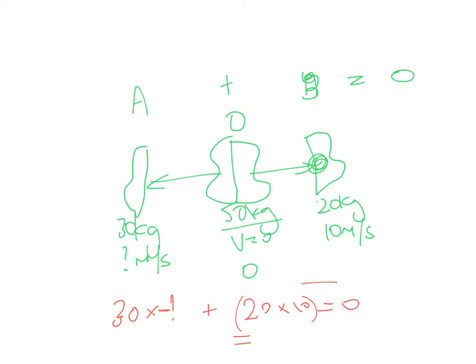Move it to the other side. We're going to get negative 200. And that means we've got 30 times something equals negative 200. Okay. And so how do we work that out? Well, we could look at a triangle, we won't do that.